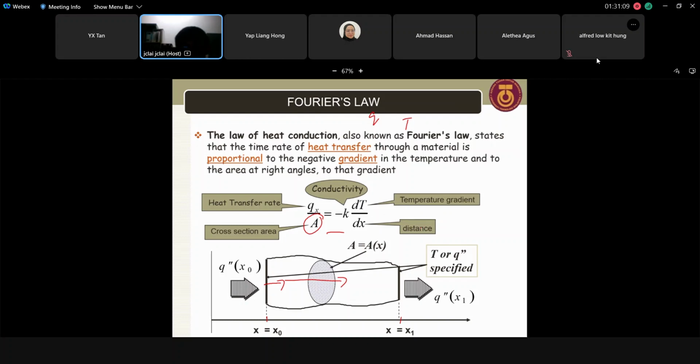What else? Temperature gradient, distance, dx. That's why this A is different, it depends on the geometrical shape. That's why you learn for flat plate, for cylinder, and also for sphere.